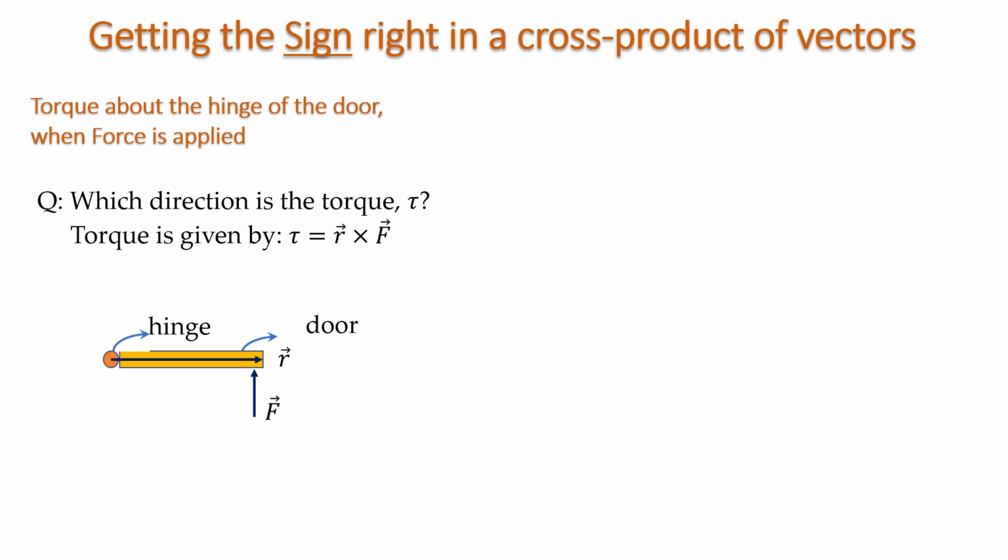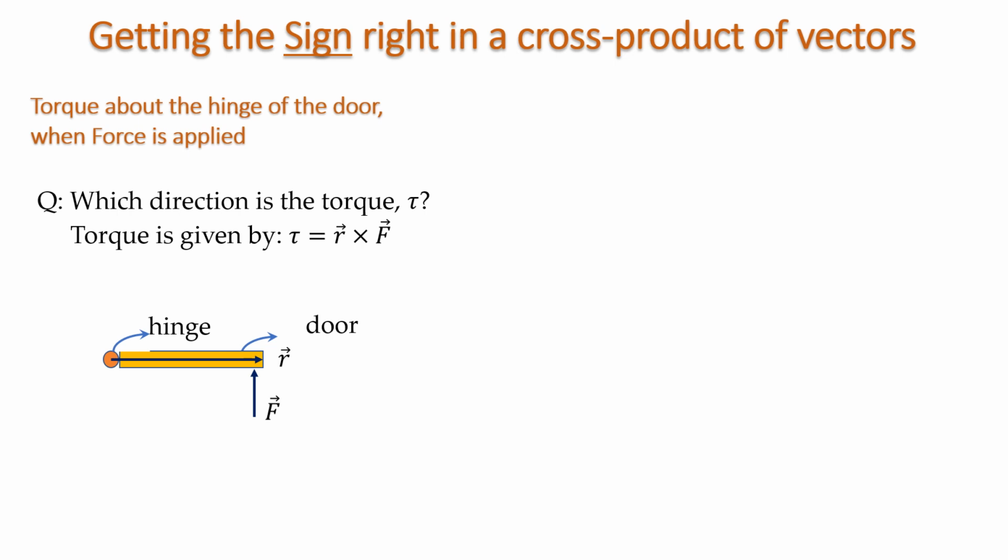Now we give some real life examples where we are asked the direction of the cross product, namely, what is the direction of the torque or angular momentum. Let us look at the following example. Finding the direction of torque, which is cross product of r and F. All the vectors are shown in the figure.